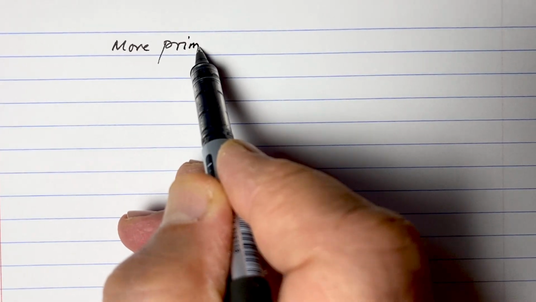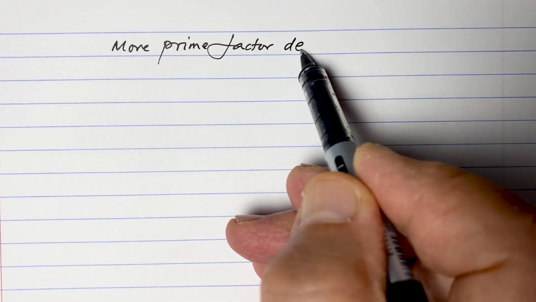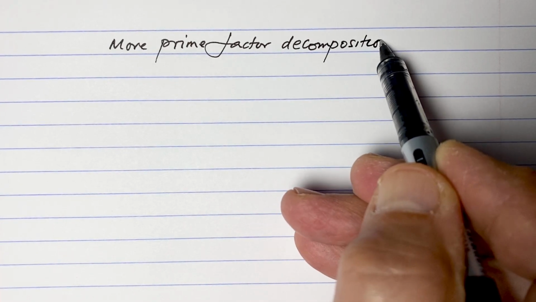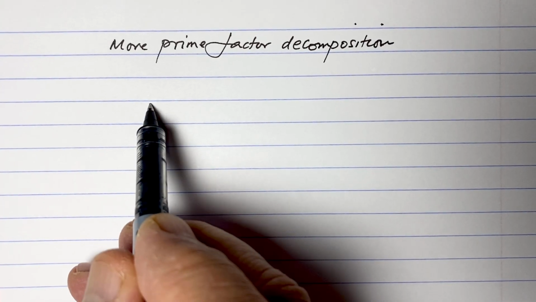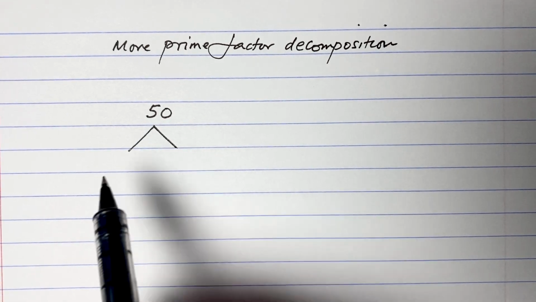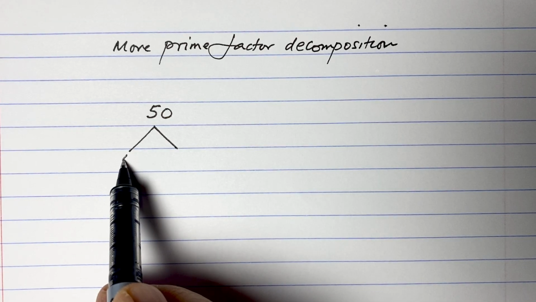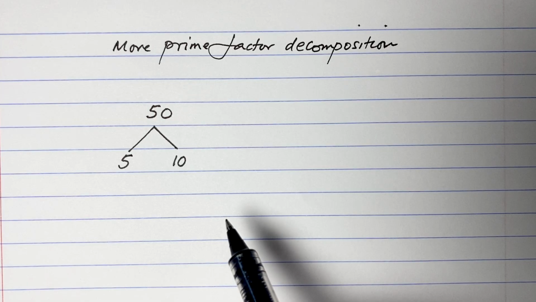Let's do more prime factor decomposition. Okay, let's try with say 50. 50 can be written as any two numbers, say 5 and 10, or 2 and 25.